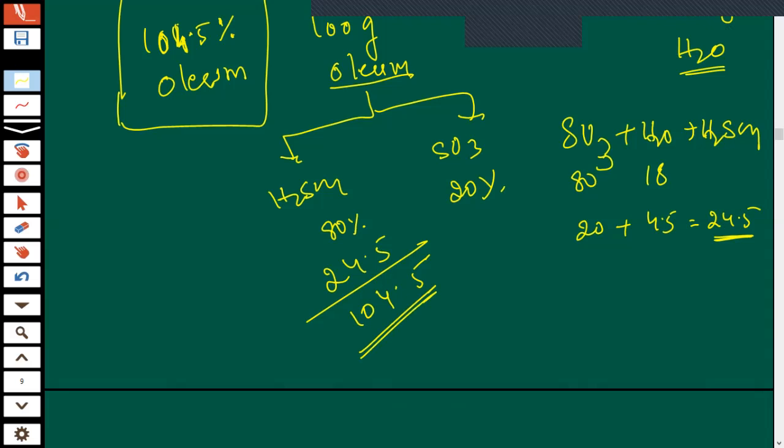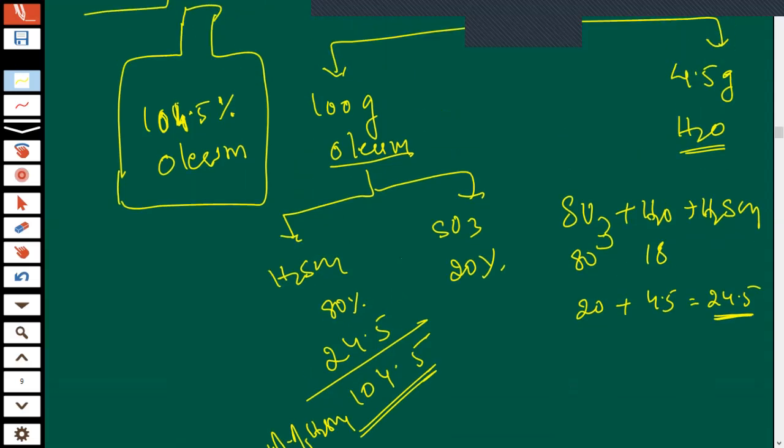This is the weight of H2SO4. I think now you got the point. Okay. Can I give you one more example? I think not needed. We understood.